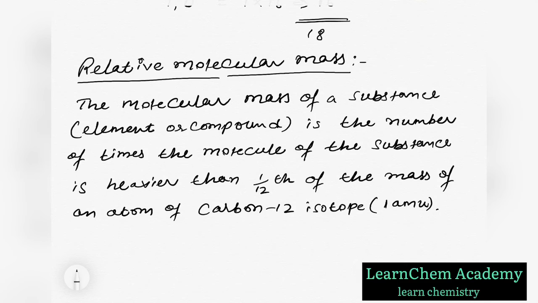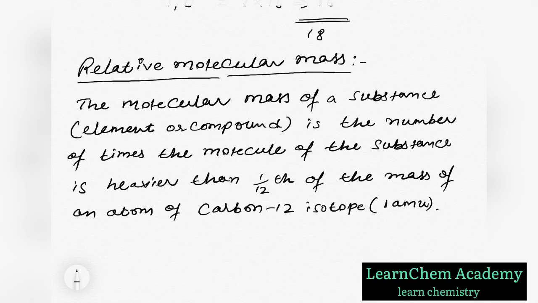So the relative molecular mass is the mass of a substance, element or compound, that is the number of times the molecule is heavier than 1 amu or 1/12th of the mass of an atom of carbon 12 isotope.